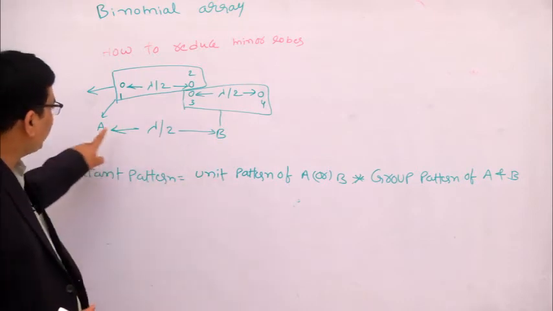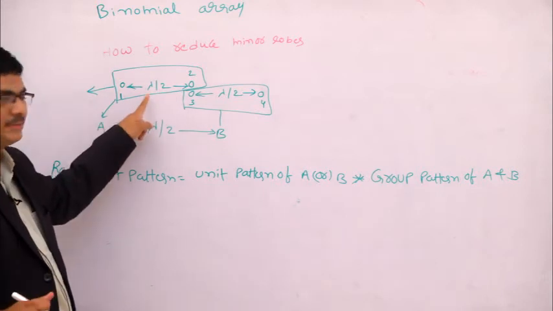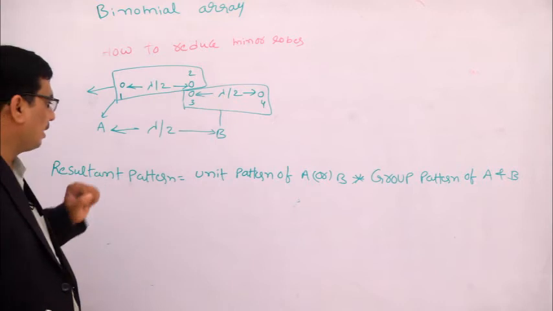The unit pattern of A is the separation between the two elements 1 and 2, which are separated by lambda by 2, and likewise 3 and 4 are separated by a distance lambda by 2.